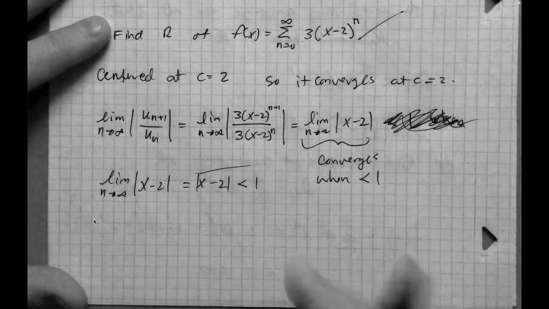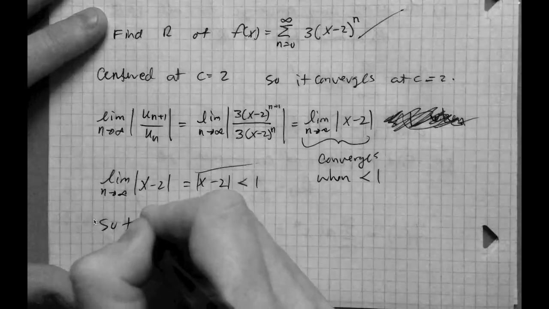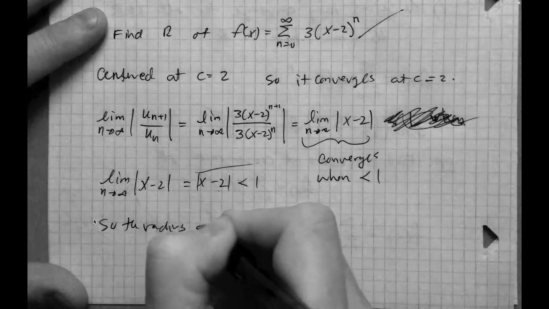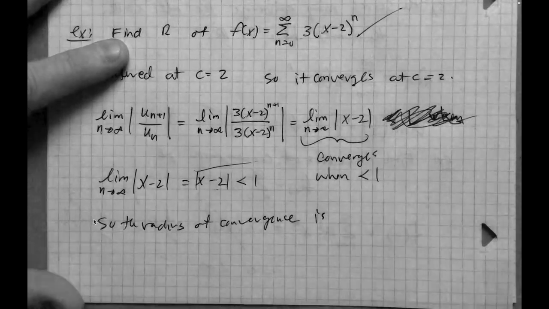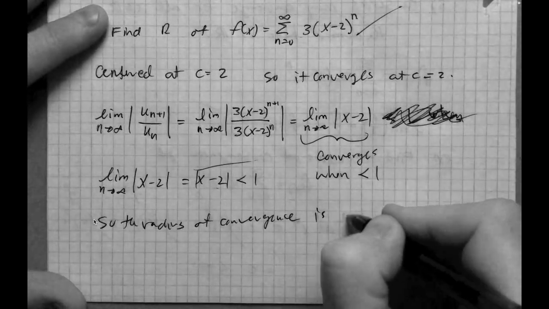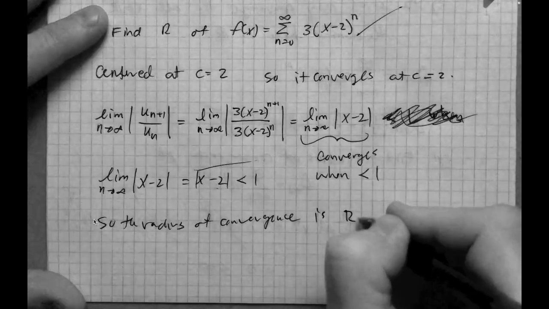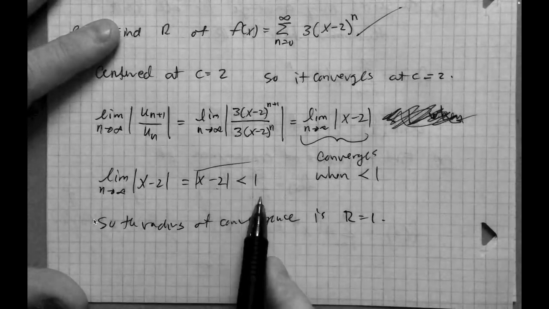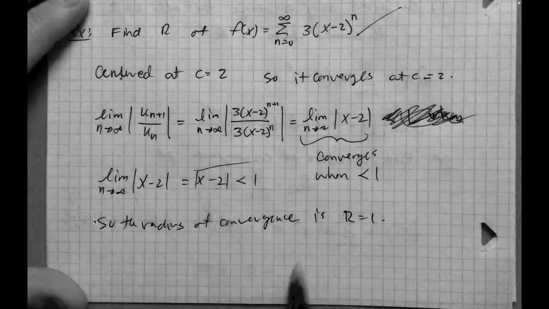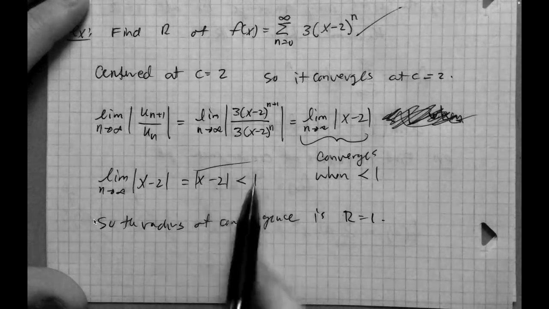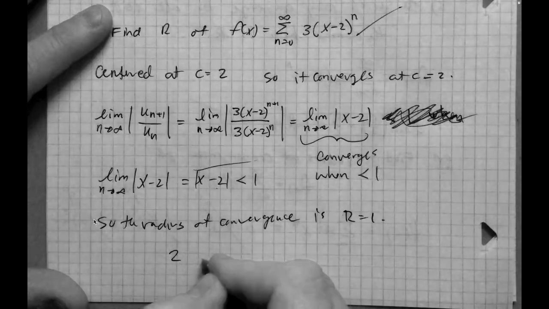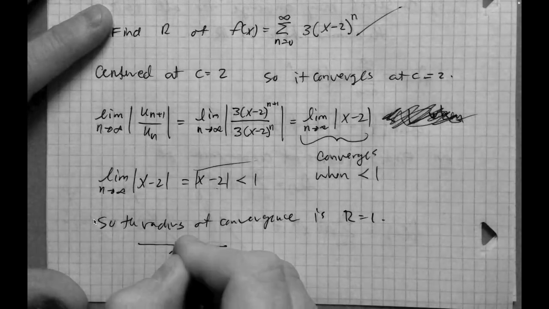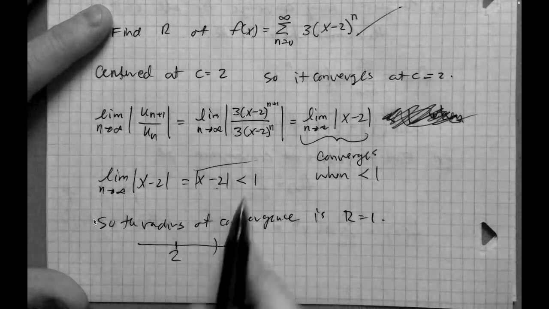Okay, and so the radius of convergence is 1, r equals 1. Now how am I getting that? Well, it's centered at 2, and this is telling me that x minus 2 has to be less than 1. So if I've got 2 here, that's the center of my interval.